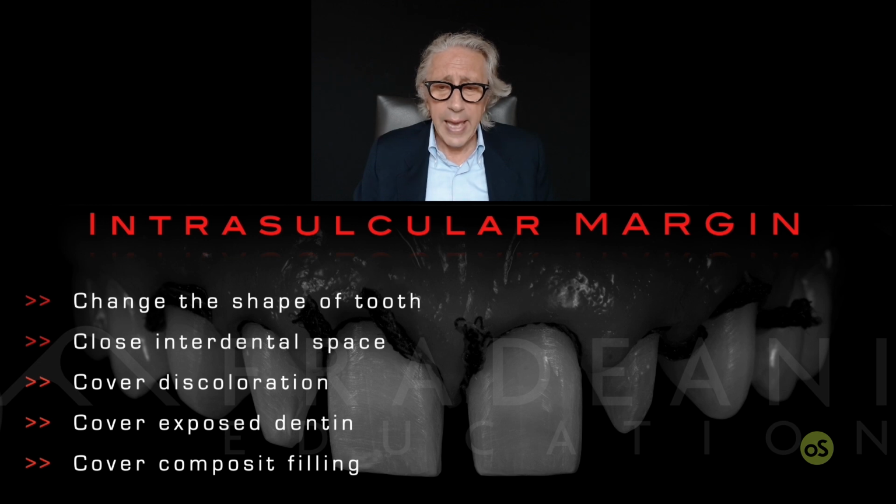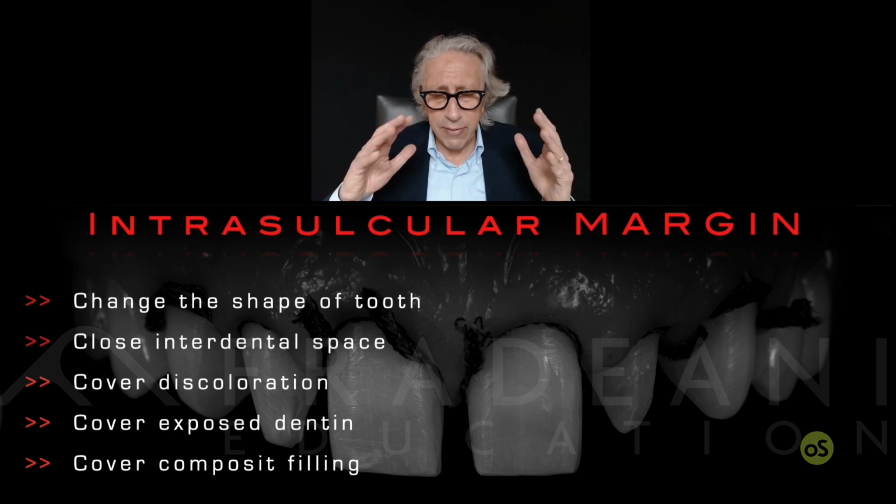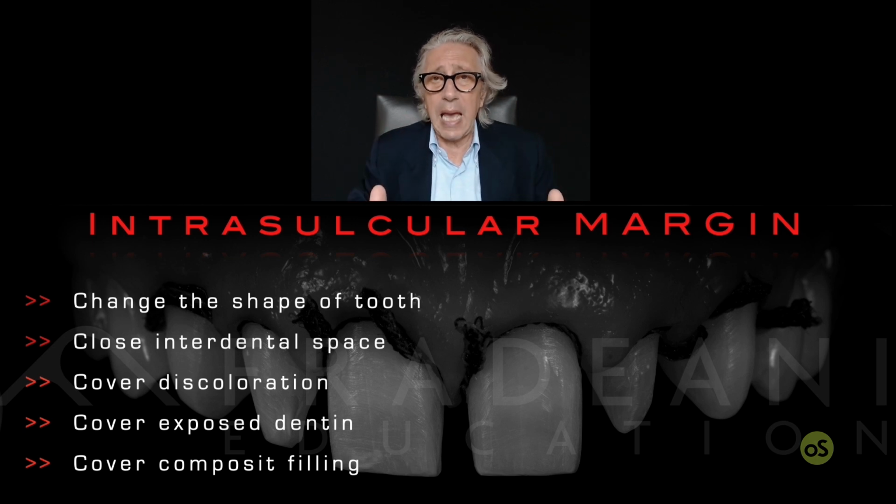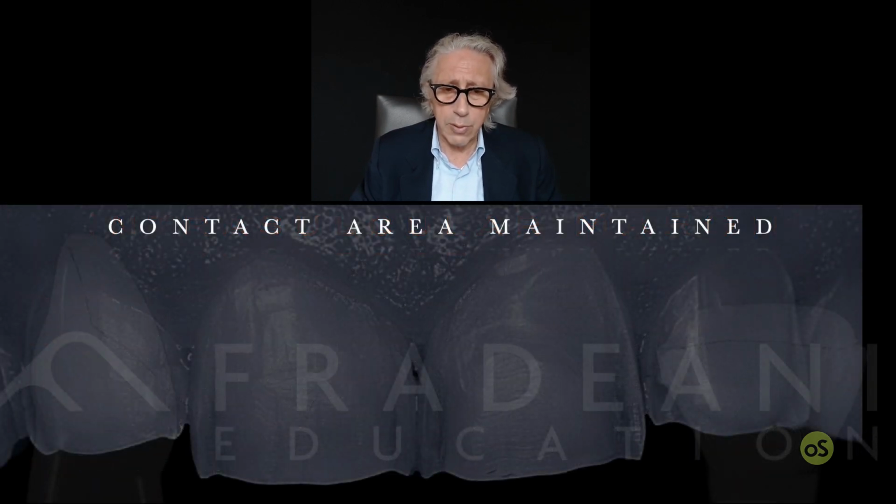You can cover exposed dentin, always interproximally, and cover composite fillings. I think about the interproximal area because many times you have some composite in between them. That's the reason why you can confine your restoration over the old composite that has to be redone.